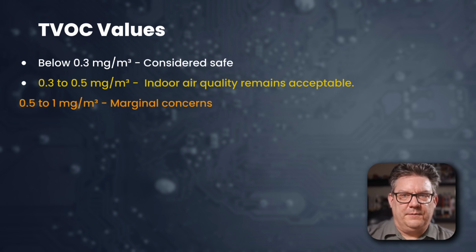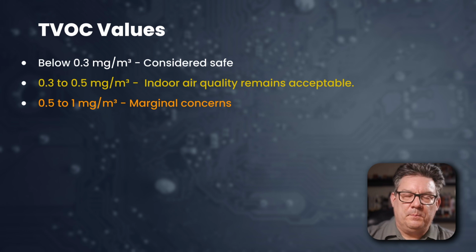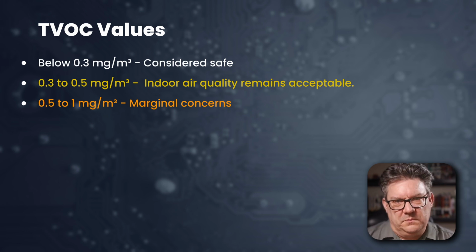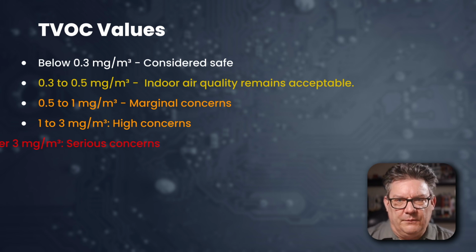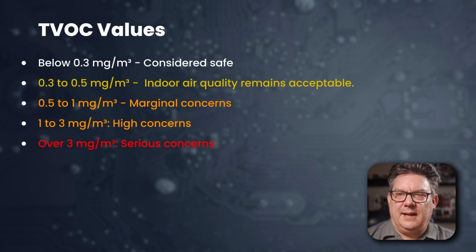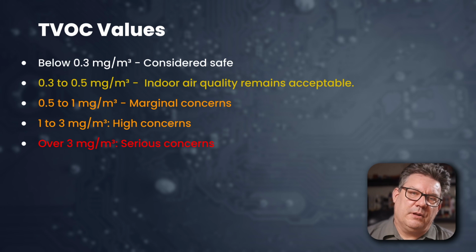From 0.5 to 1 milligram per cubic meter, we should start getting concerned. From 1 to 3 milligrams per cubic meter, it's becoming serious. Anything beyond that will impact health and comfort, especially over the long term.